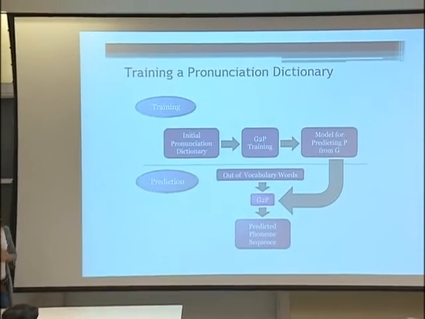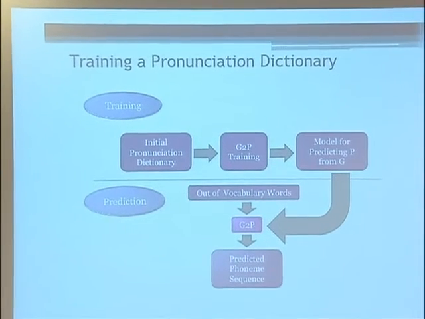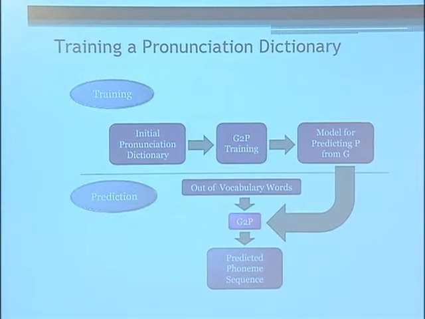So for the training process, we have an initial pronunciation dictionary, and we train this using the algorithm that I just described with G2P, and we come up with a model for predicting phonemes from graphemes. And afterwards, we use this model to predict the phoneme sequences of out-of-vocabulary words using G2P training iteratively over and over again.